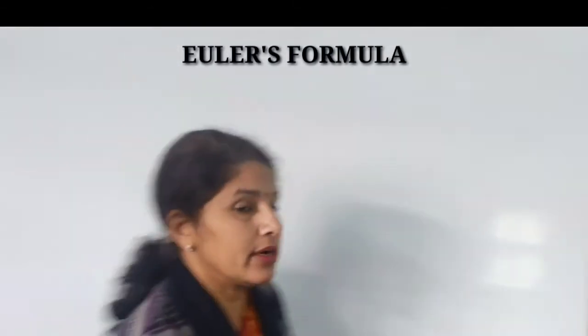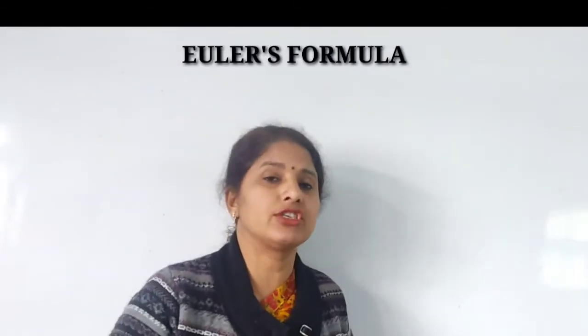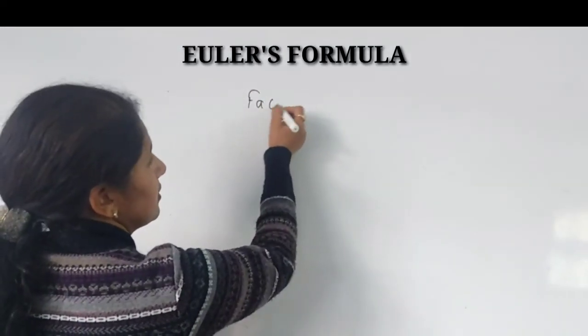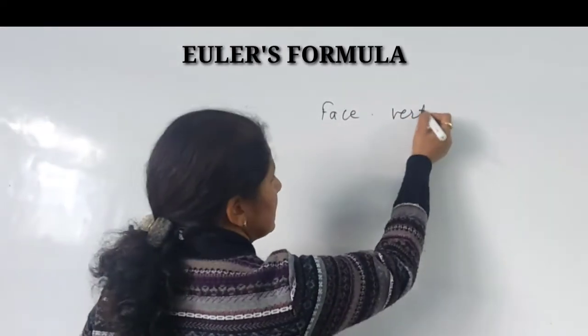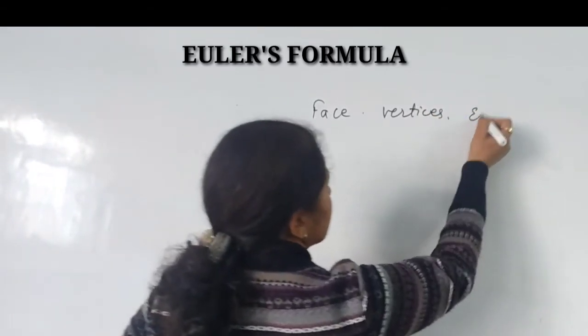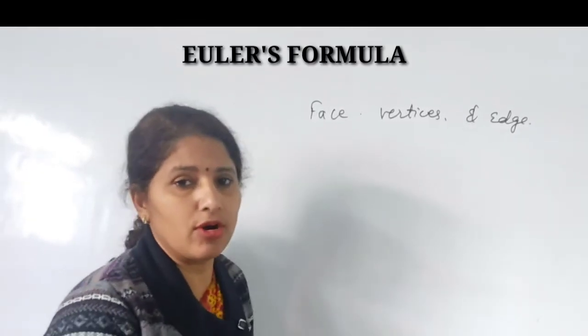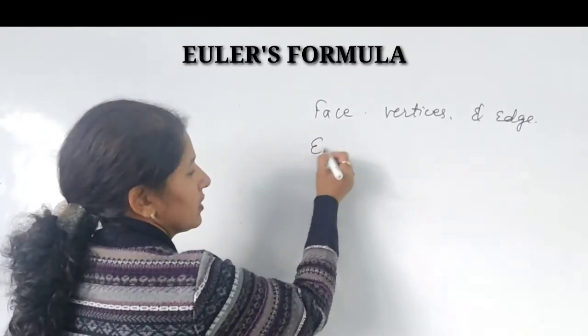Now a scientist named Leonhard Euler discovered a very good relationship between faces, vertices and edges, and we call this relationship the Euler formula.